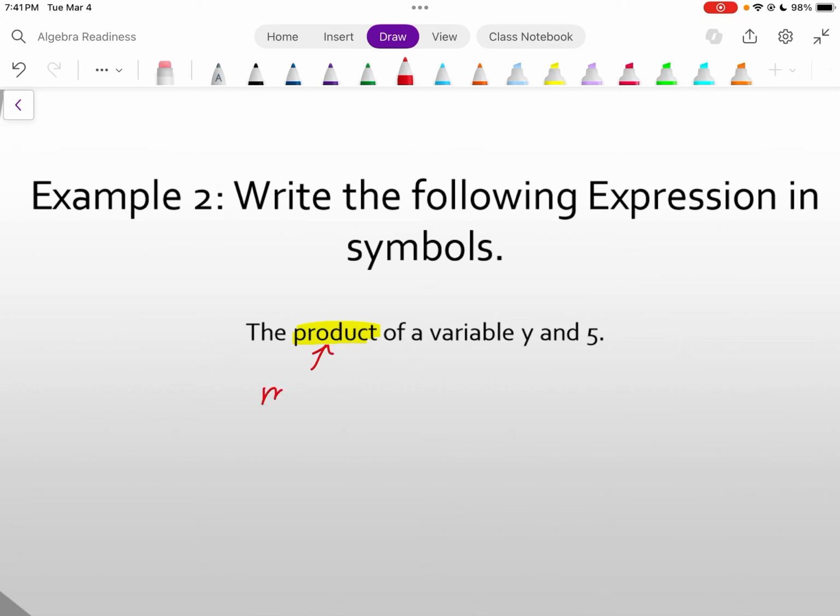That tells me I'm going to multiply. And then we have a variable and a number. So when we write a product with those two, the number goes first and the variable goes second. And because one is a number and one's a variable, we do not use a multiplication sign. So we would just write it as 5y.